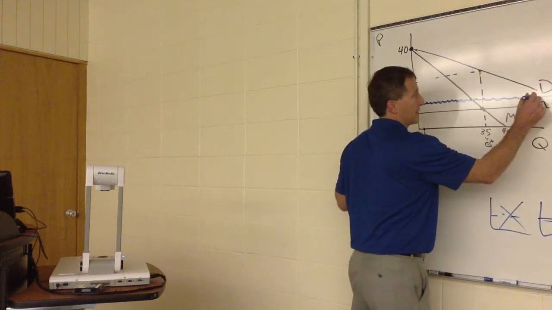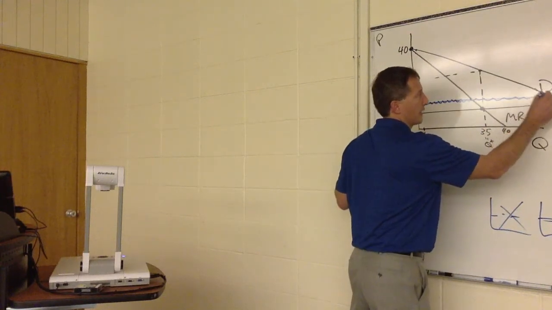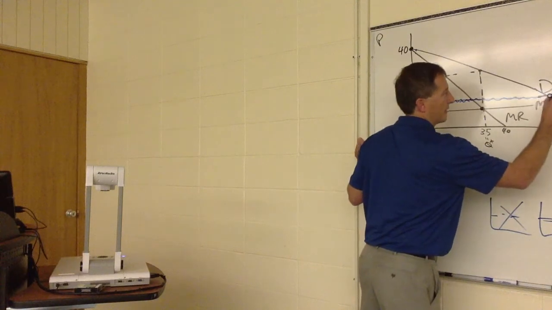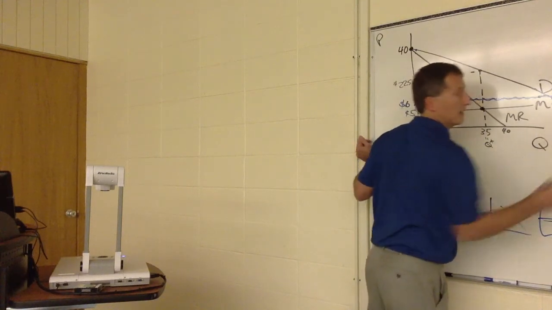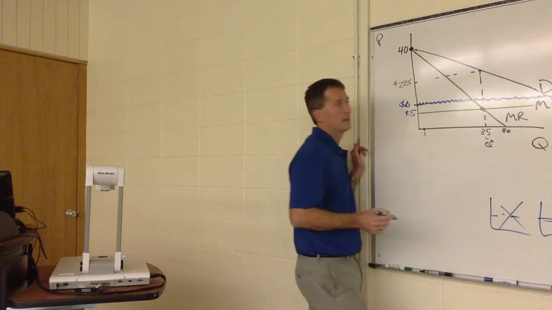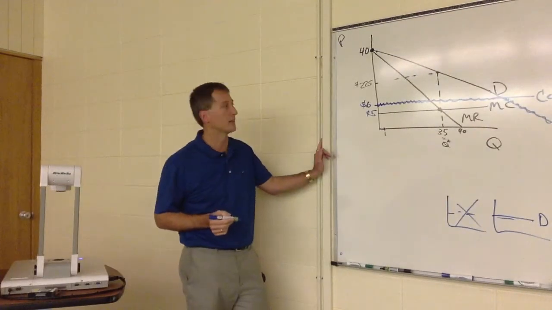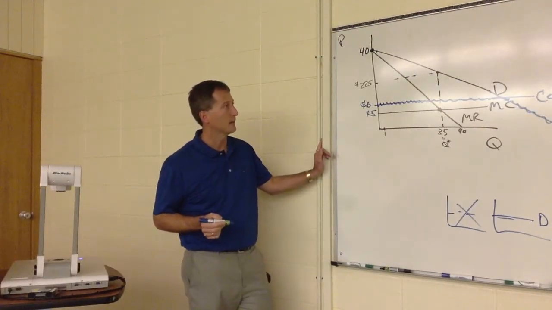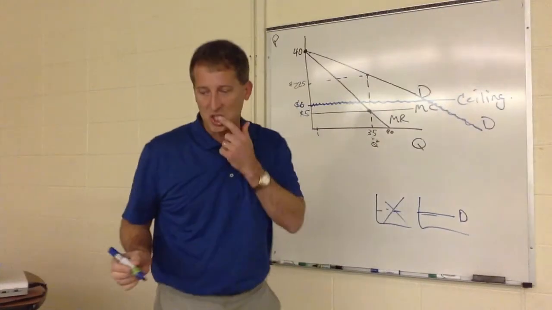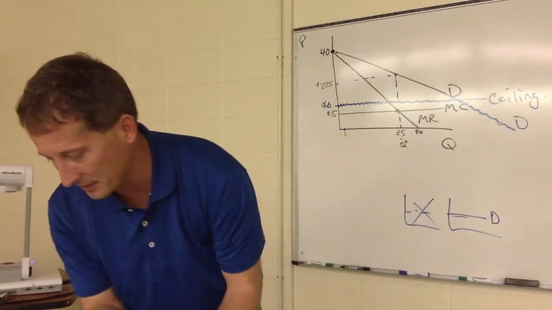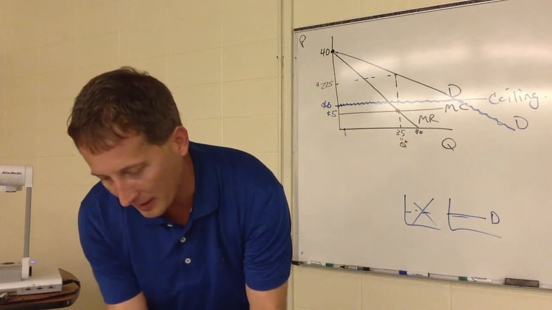This is really the demand curve equals the marginal revenue curve, and then it starts looking like this, which kind of gives a weird looking demand curve. All right, so that's where you get this answer in the back.